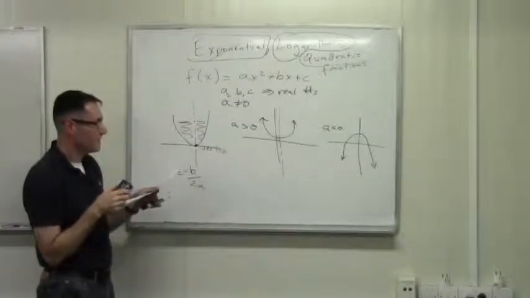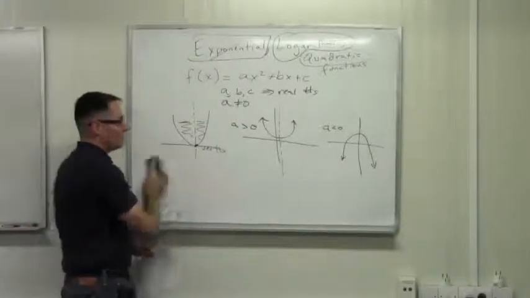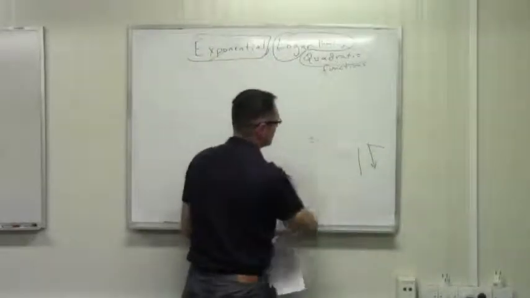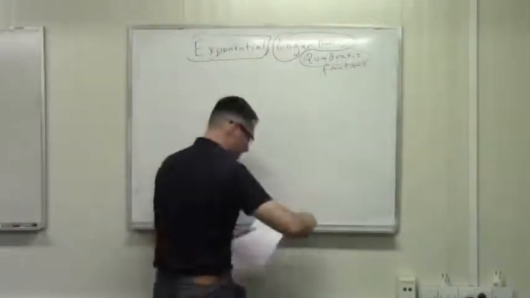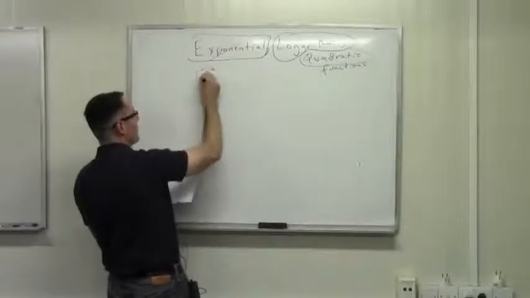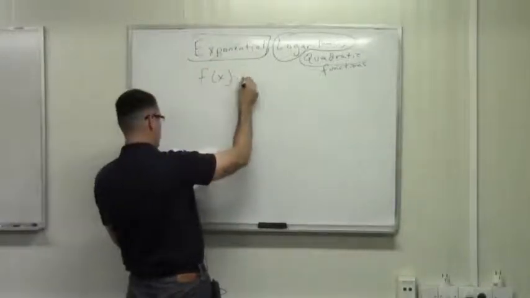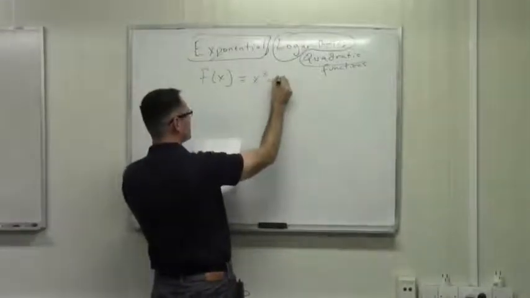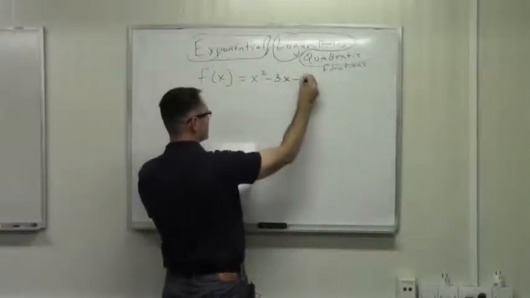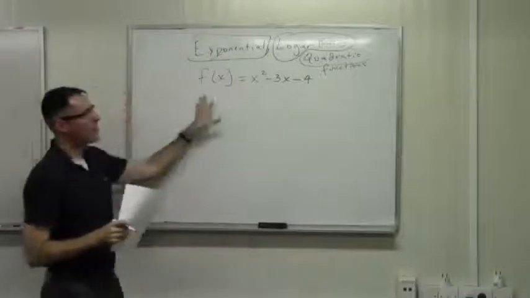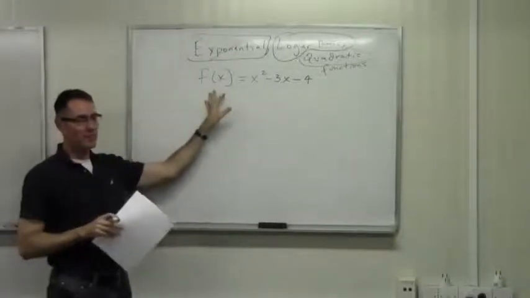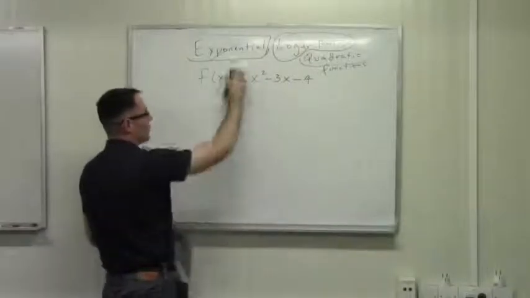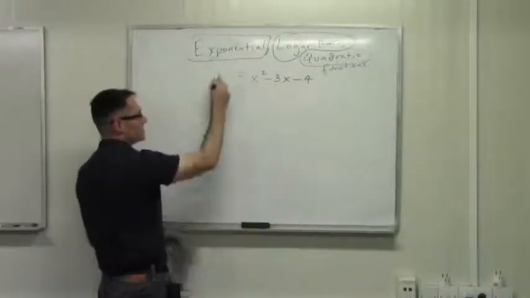Okay? Let's do an example. Let's say we have f of x, or y, equals x squared minus 3x minus 4. Is it in the right form already? I can replace f of x with y if I want. Yes, it is.